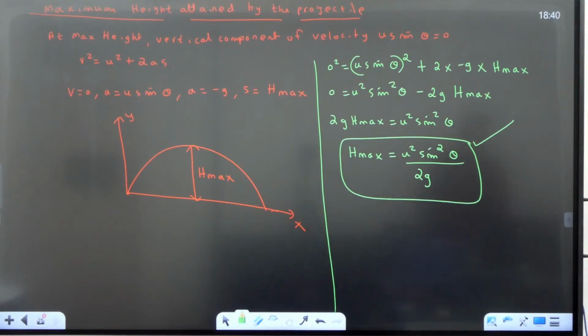So we have derived the equation for maximum height. Any doubt?